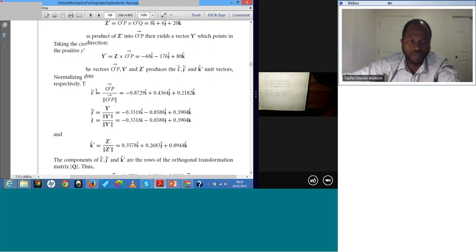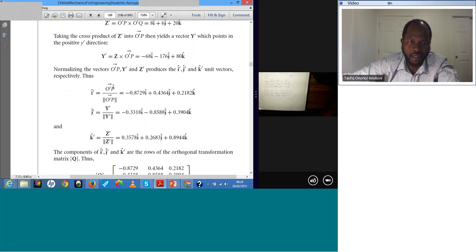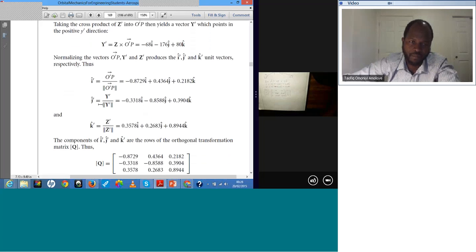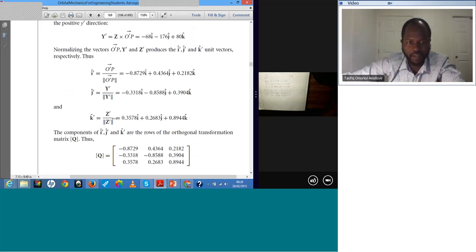So I prime equals the vector OP divided by its magnitude, and we have I prime to be equal to that. Then J prime we have it equal to that, and K prime equal to that.